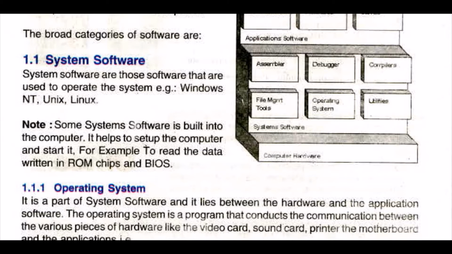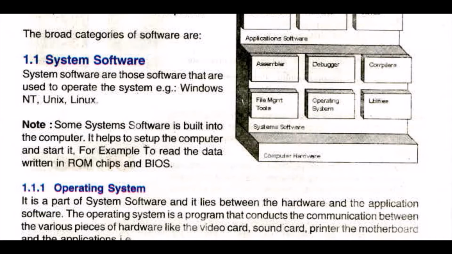To clear this up, take iPhones and other phones. In an iPhone, in the ROM chips, there is a foundation of programs, a set of instructions that will allow only iOS to install. In other phones, you cannot install iOS because their foundation is of different software. That is why I say system software is built into the computer. You cannot change it.